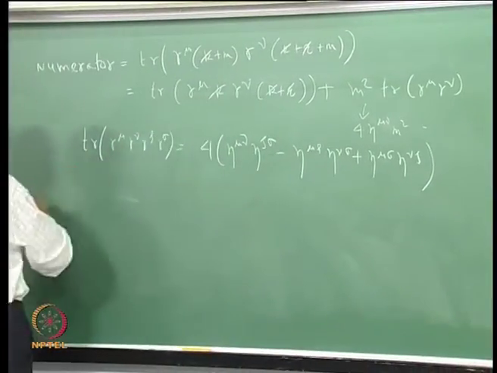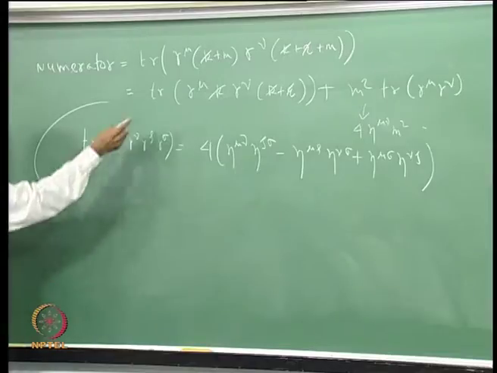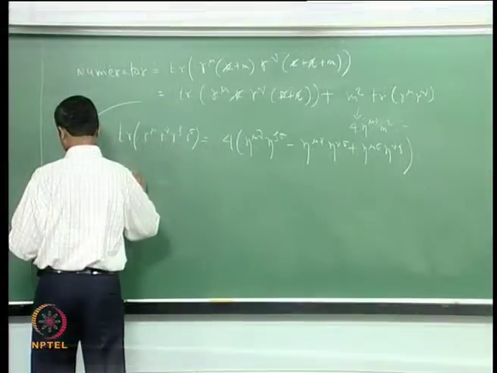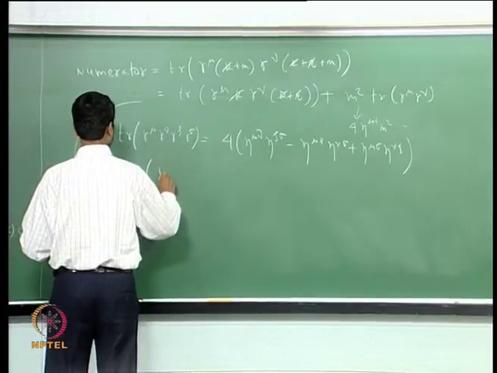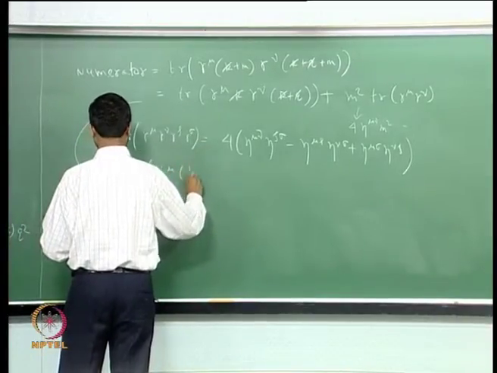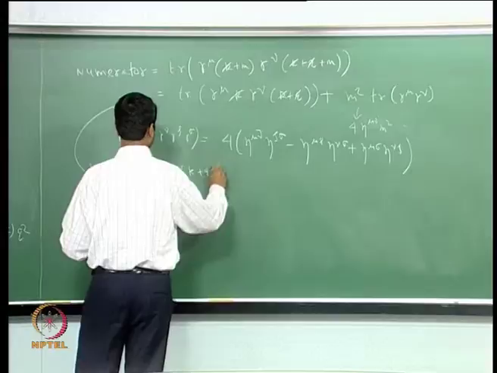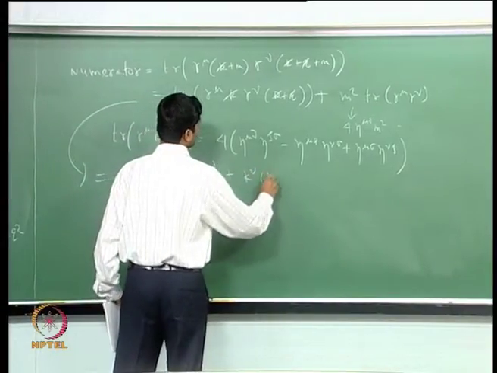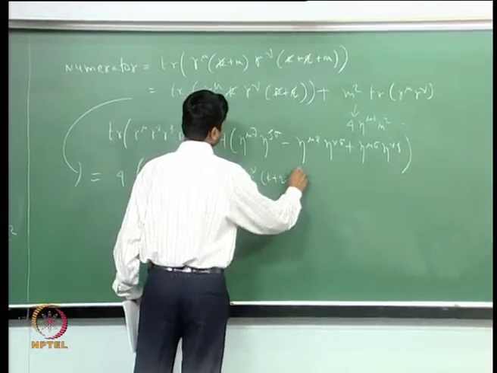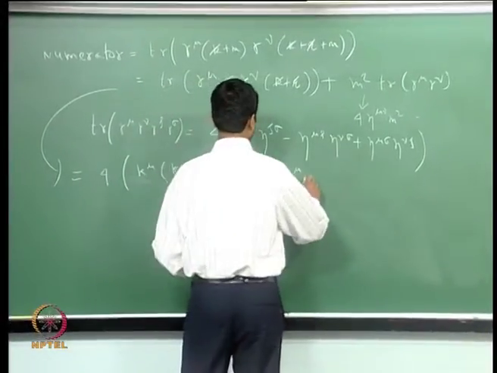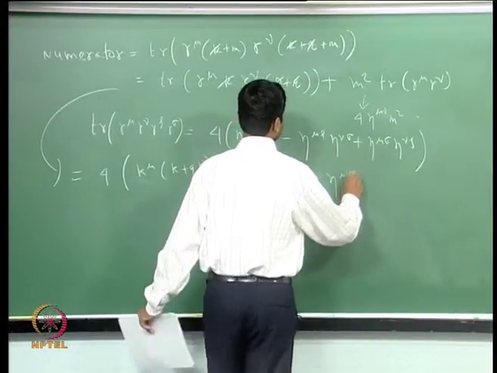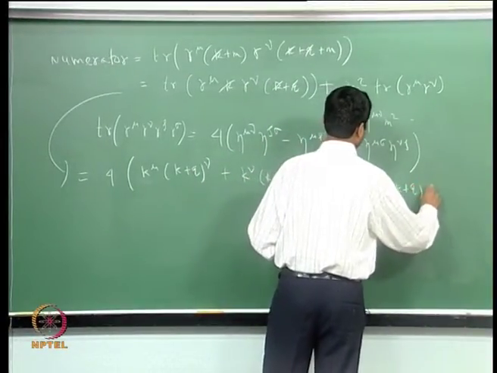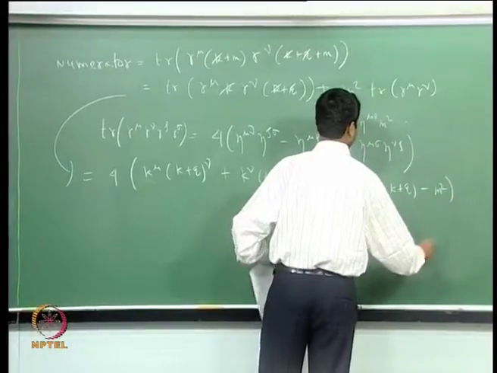Using this we can simplify, and finally what we will get is 4 times [k mu (k plus q) nu plus k nu (k plus q) mu minus eta mu nu (k dot (k plus q) minus m square)].